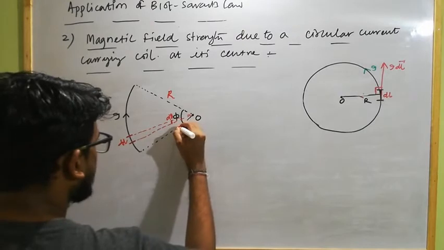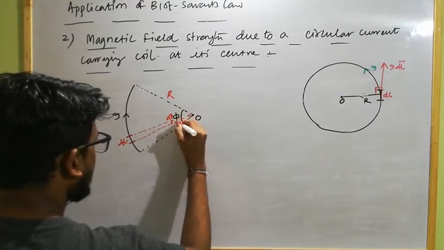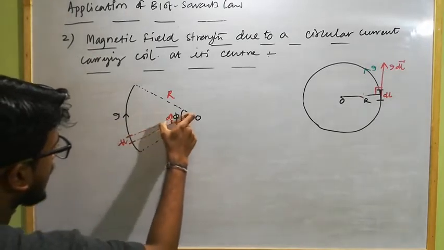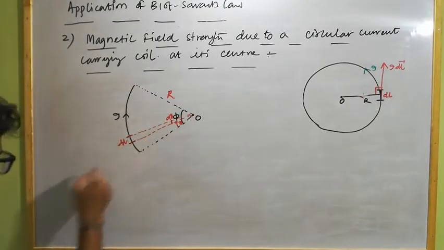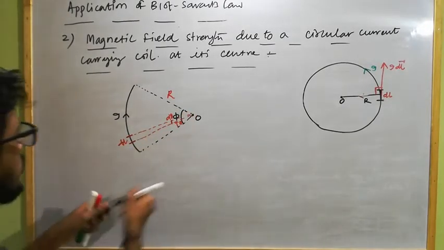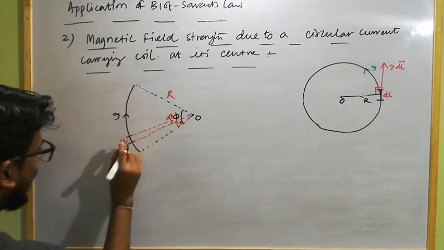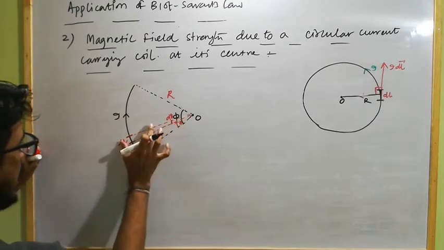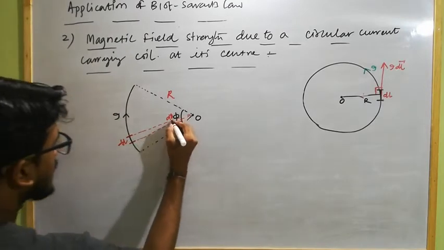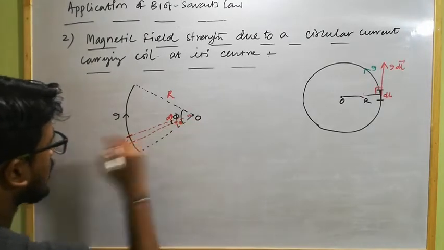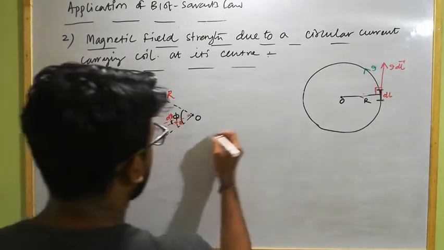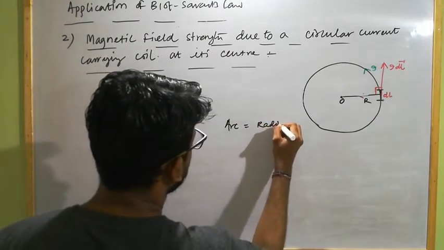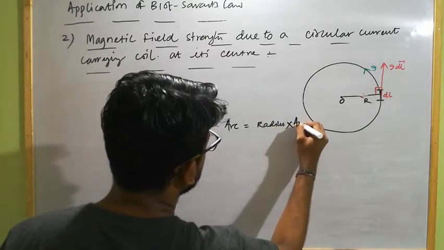If this much length makes an angle d theta, then this dl is the arc length, and the radius of this complete arc is r. So this arc also has a radius of r and makes an angle d theta at the center. So according to geometry we can write dl equal to radius into angle.